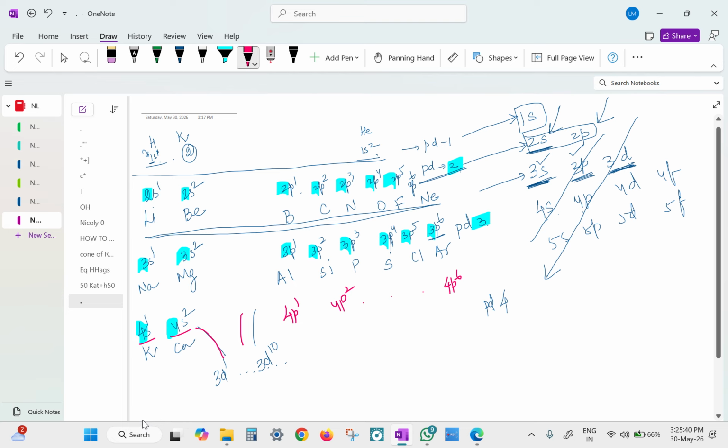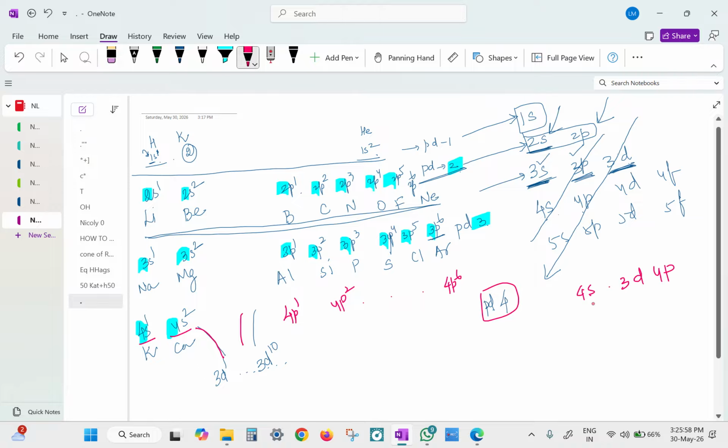Got it? So in period 4, which subshells are getting filled up? 4s, then 3d and 4p.